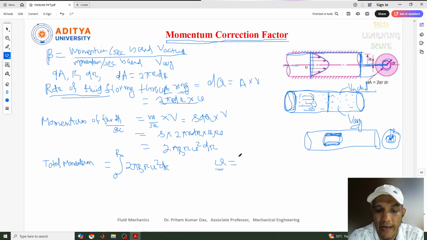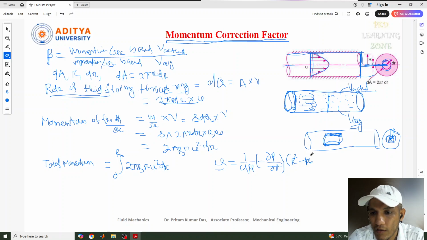If you have seen the previous video, we get its value as 1 by 4 mu into minus del p by del x into capital R square minus small r square. So now we just need to put this value in this equation and solve it.